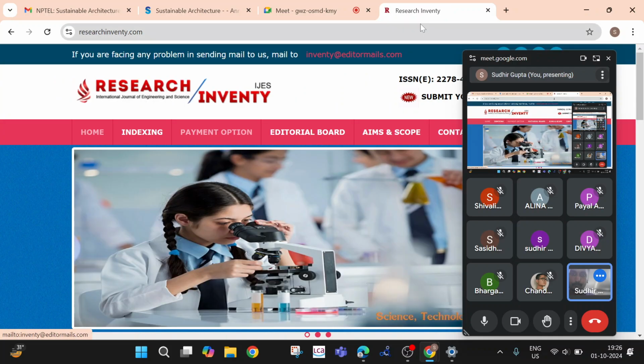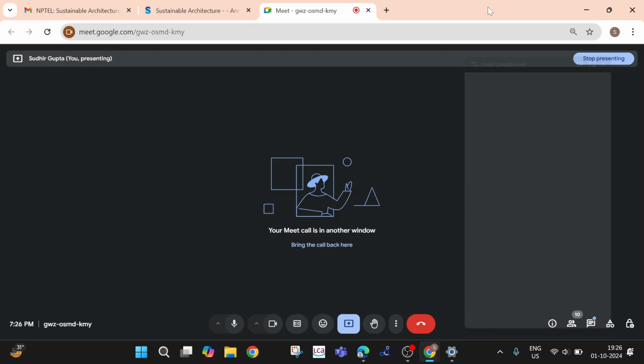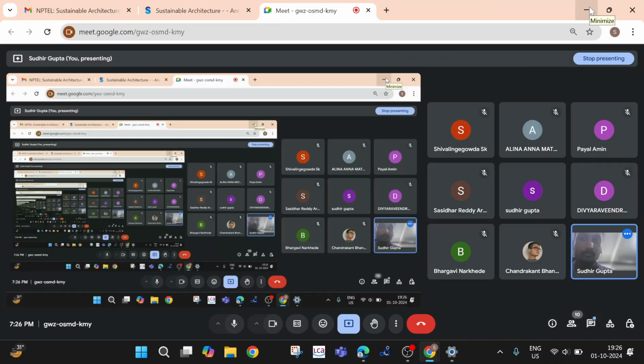So this should be able to open. I don't know why it is not opening. So for that, let me share through mail. It will be better. Just give me 2 minutes, and then all the concepts related to comfort will be clear.